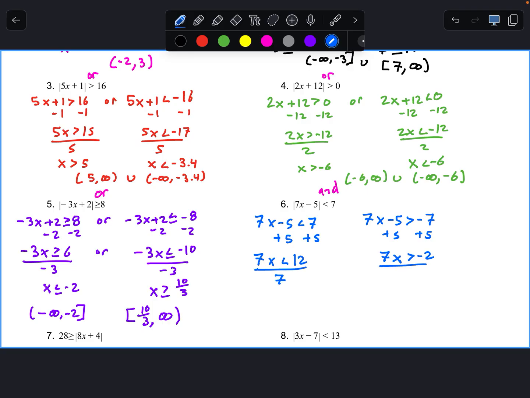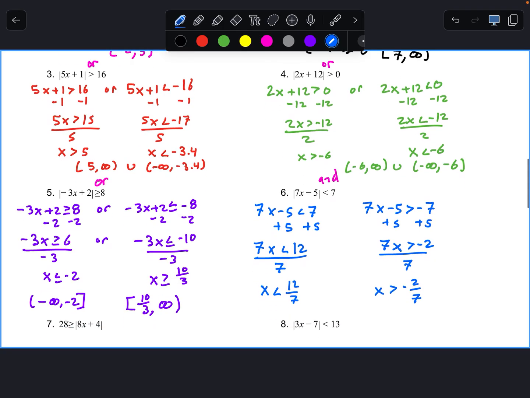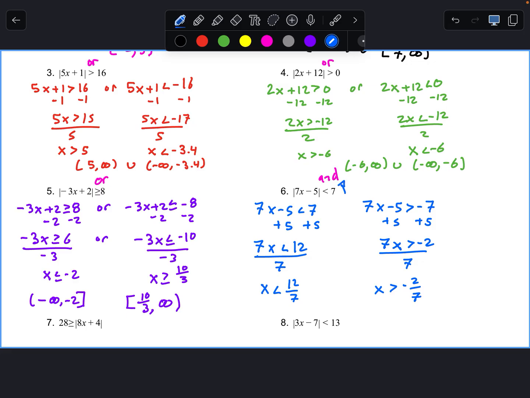When I do that, I'm left with two fractions. I'm left with x is less than 12/7, and x is greater than -2/7. And this is an and statement. So this is giving me my low value of -2/7 and my high value of 12/7, my min and my max.